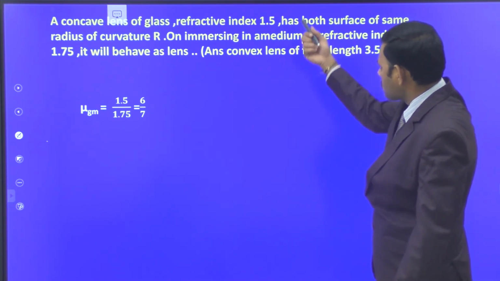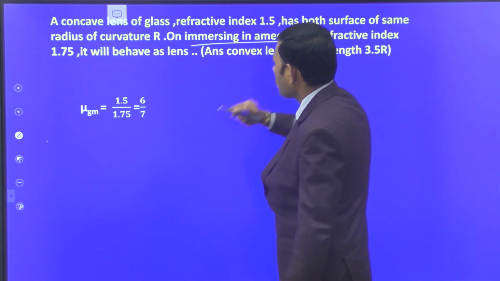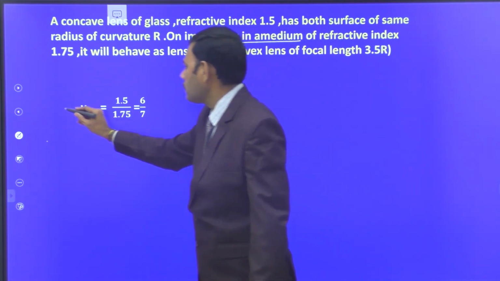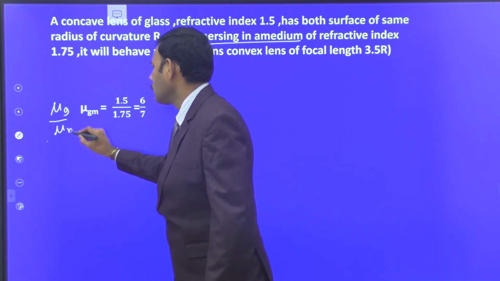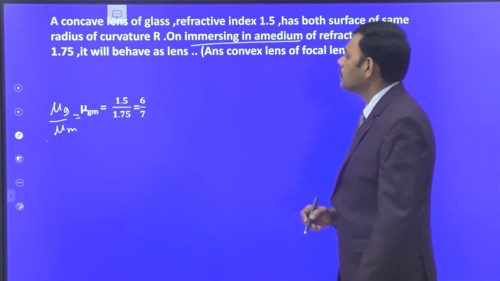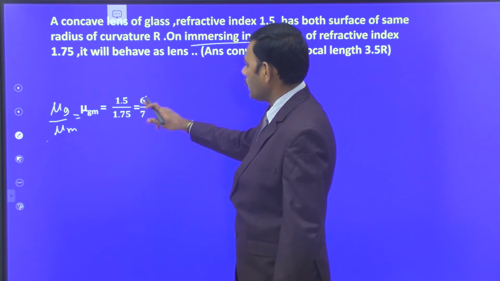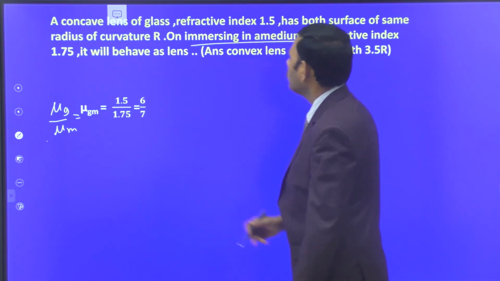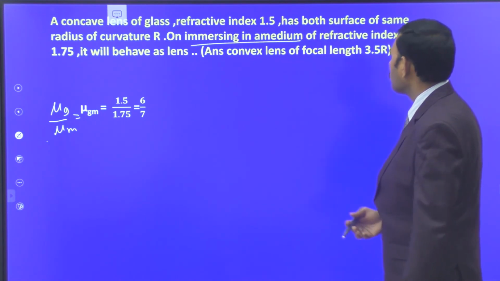This glass is immersed in a surrounding medium, then the refractive index of glass with respect to this medium, also known as mu g divided by mu m, is equal to 1.5 divided by 1.75. Multiplying with 4 in numerator and denominator, we get 6 by 7. This is the first one from the refractive indices of the glass and surrounding medium.